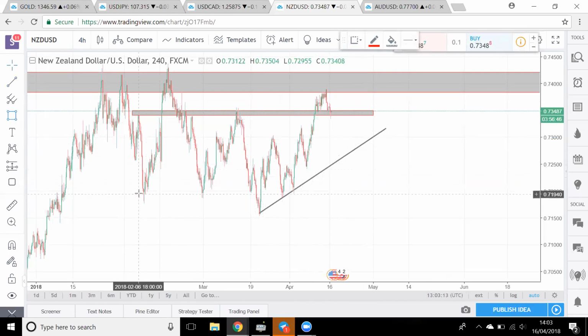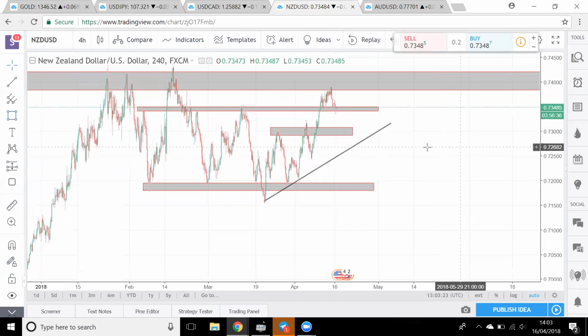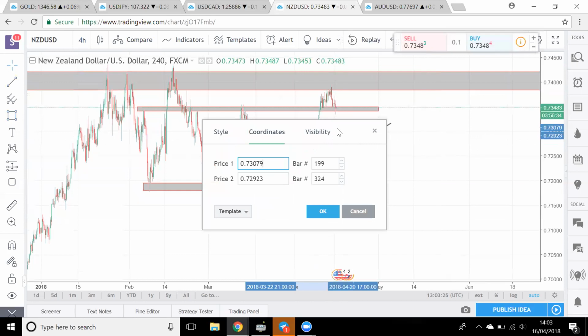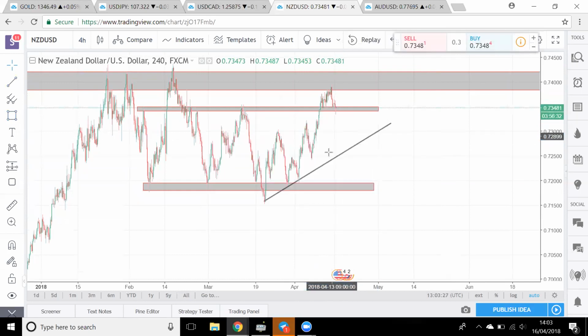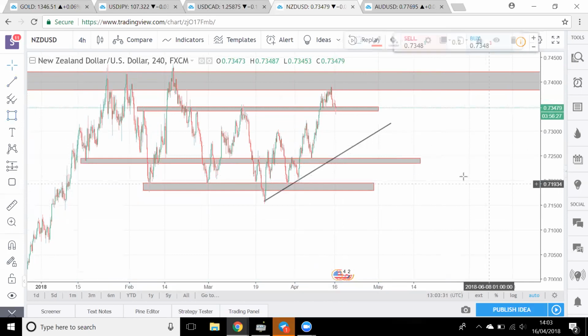Once we see a break in that zone, then we can wait for a pullback to go lower to see where we could head. But there are so many zones currently. There's this zone here, and then we got a normal zone. We got loads of zones for NZD USD.